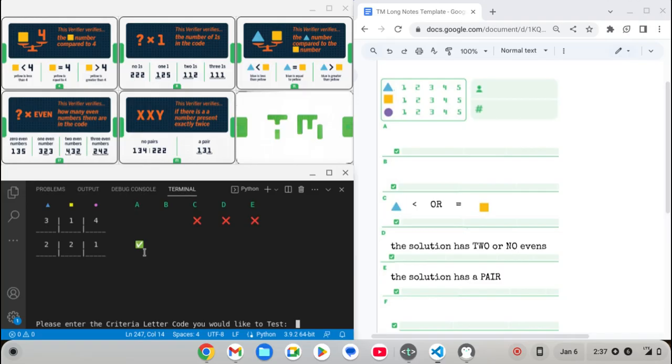So it is true that square, again, I picked a 2 for square. 2 is less than a 4, so that is correct. So let's type it up in our notes: square is less than 4.